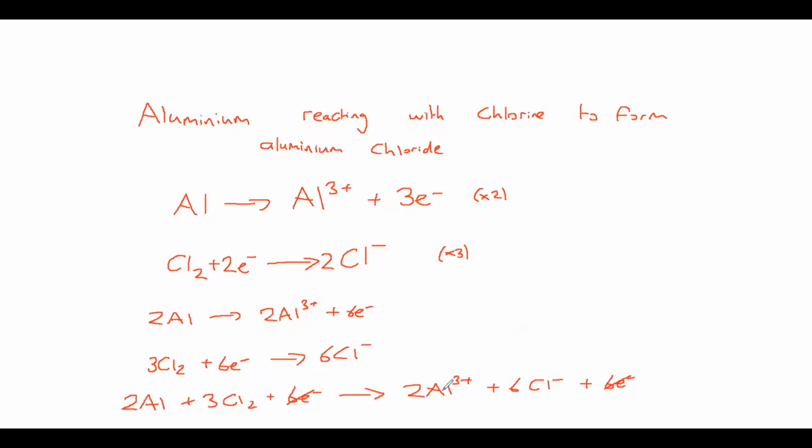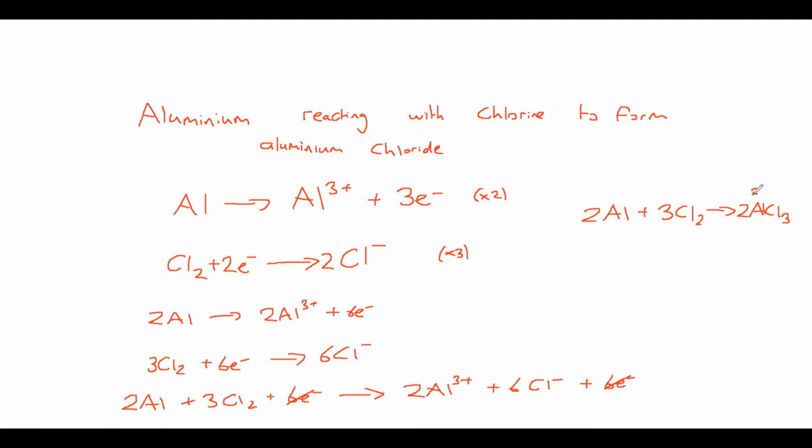So you can see that our aluminium has a 3+ charge, each chloride has a minus charge, so we must have 3 chlorides to go with each aluminium. So we can rewrite our overall equation up here with the electrons cancelled out to give us 2Al plus 3Cl2 going to 2AlCl3. So you can see that our charges balance out.